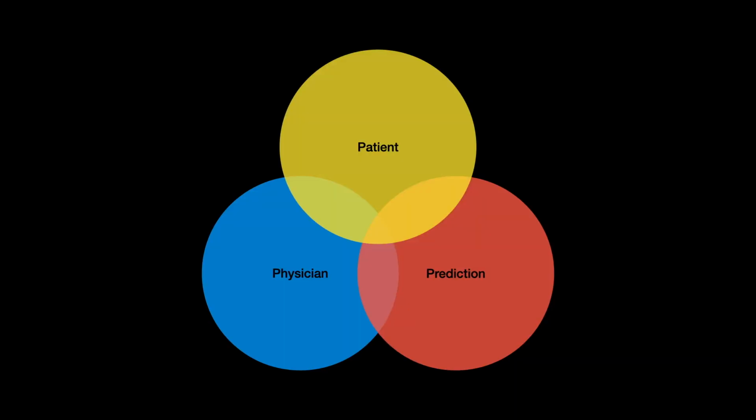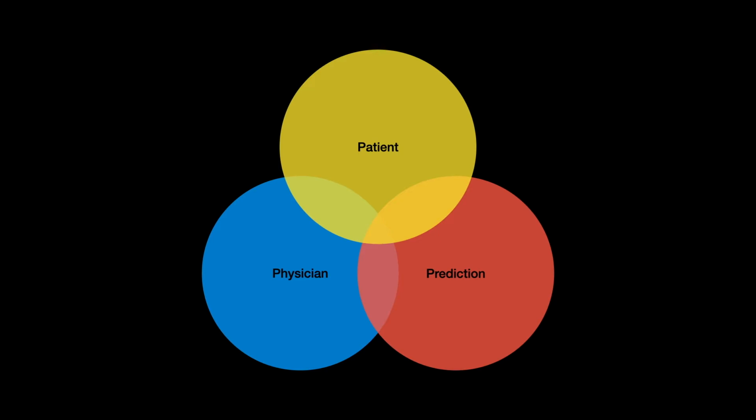So when I think about precision health and the way that we interact between patients and physicians and data, this is the graphic that comes to my mind, where we have the intersection of patients, physicians, and predictions.